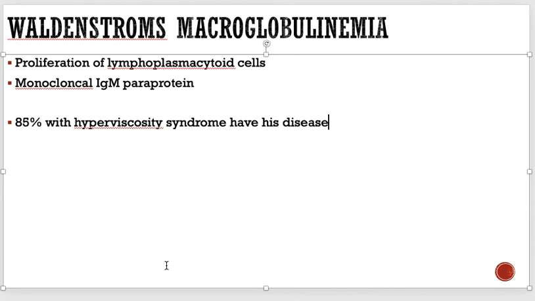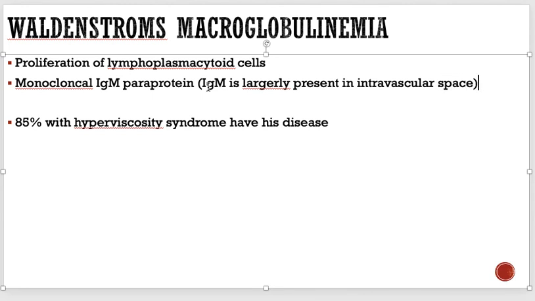So what's the reason behind that? Why do they have hyperviscosity syndrome? Because this one is IgM paraprotein, or proliferation of IgM type. Okay, and if you know, IgM is largely present in the intravascular space, or in the blood, in the circulation, right?